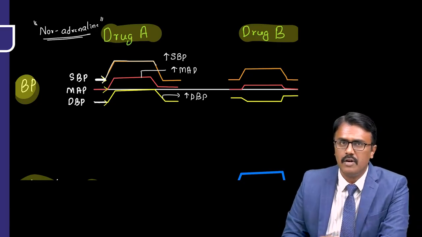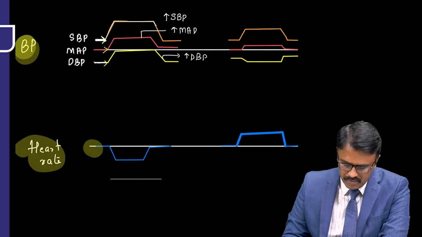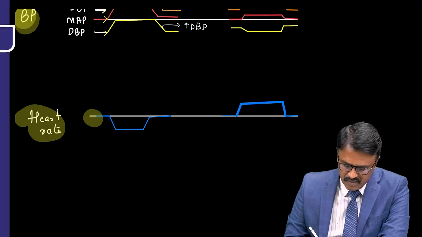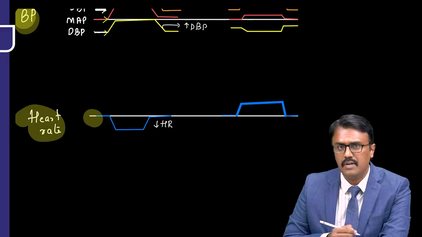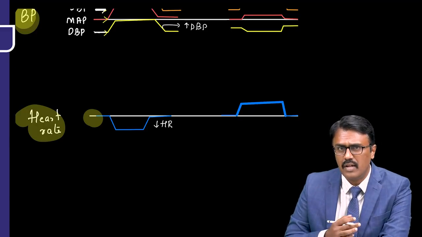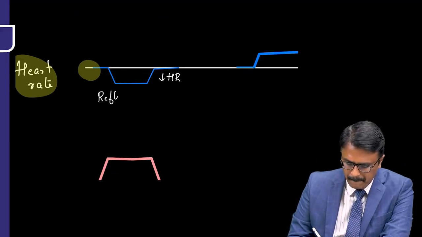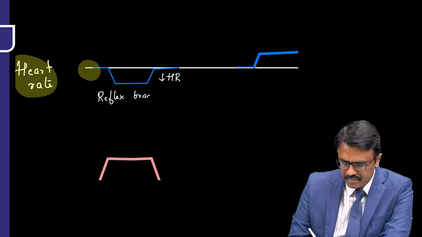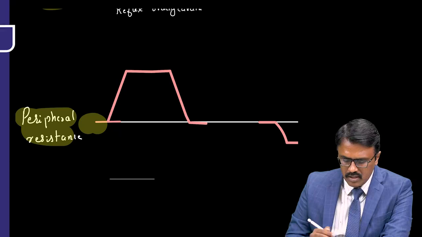But what is the effect of noradrenaline on heart rate? When the pressure is too high, what is the effect on the heart rate? Yes, there is a decrease in heart rate. You can see the graph going down. What's the reason for that? The reason is reflex bradycardia. Now, what will it do to peripheral resistance?